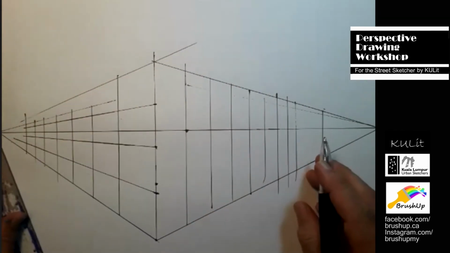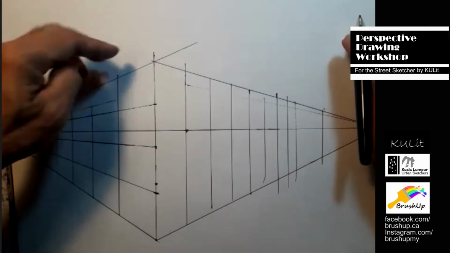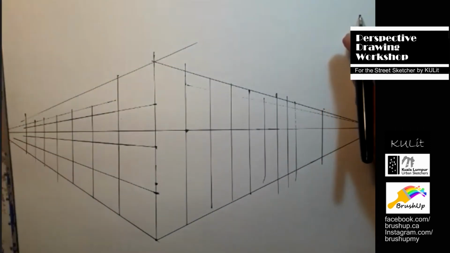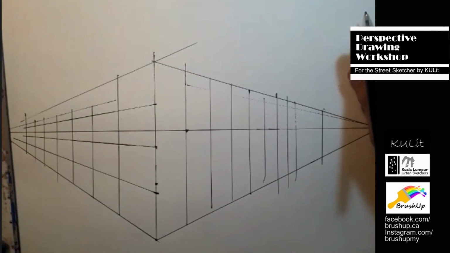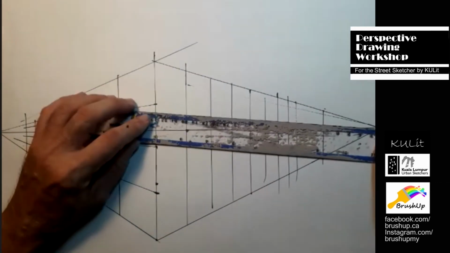So in a basic sense, buildings are just boxes like this with maybe different heights. That's all. I'm going to make it a little bit more interesting as we go along. Let me divide the floors.